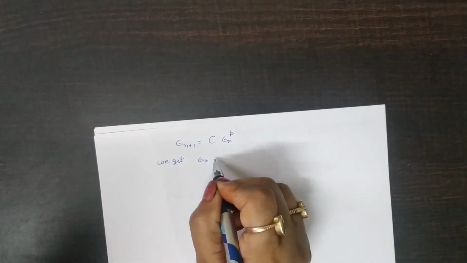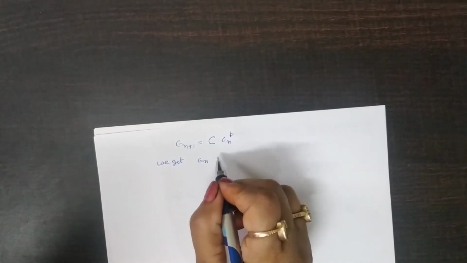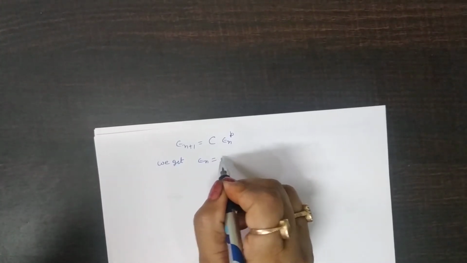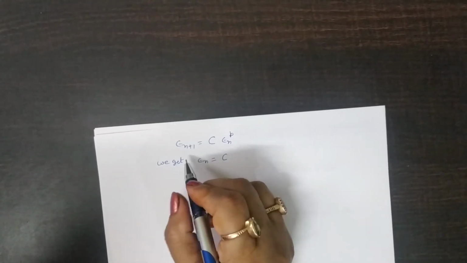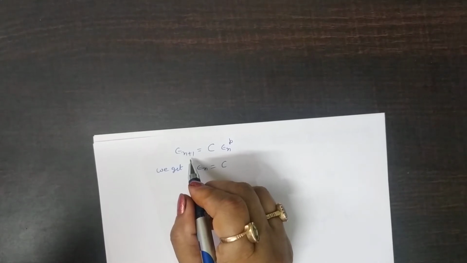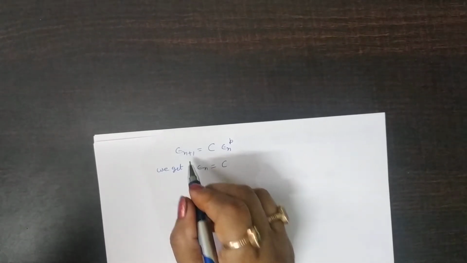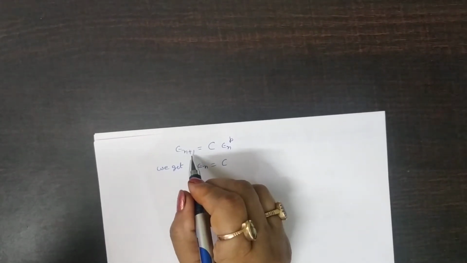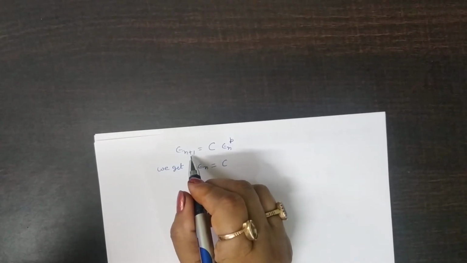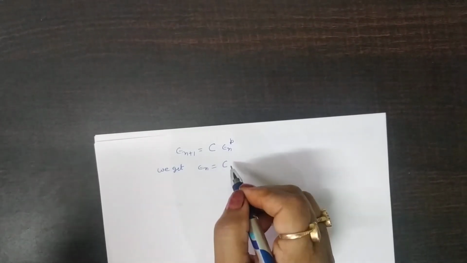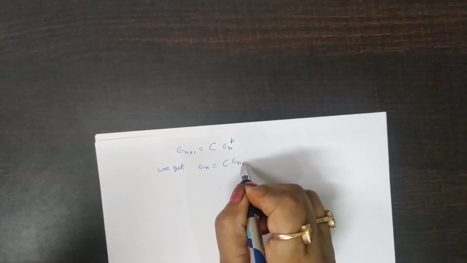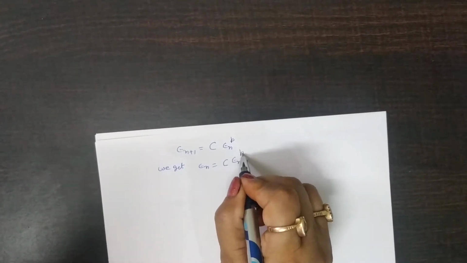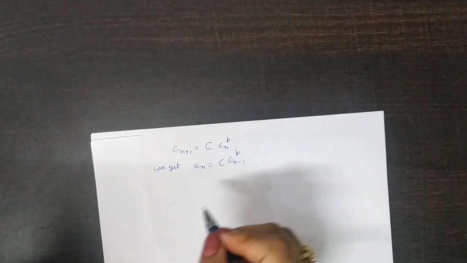epsilon n minus 1 to the power p, where in place of n plus 1 you write n, so epsilon n is C epsilon n minus 1 to the power p. Clear?